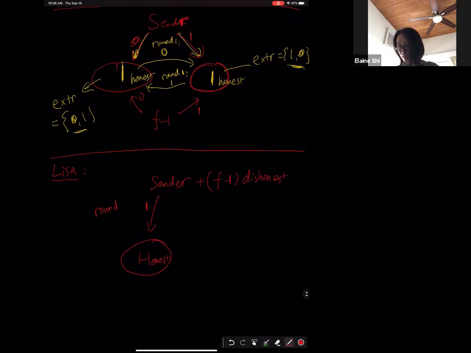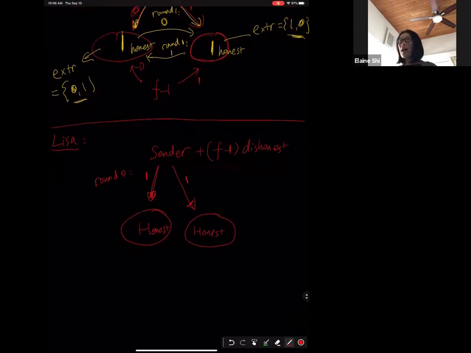Essentially, imagine we divide the honest nodes into 2 camps. And let's say in round 0, the sender sends 1 to all of the honest nodes. So in round 1, everyone will add 1 to their extracted set.